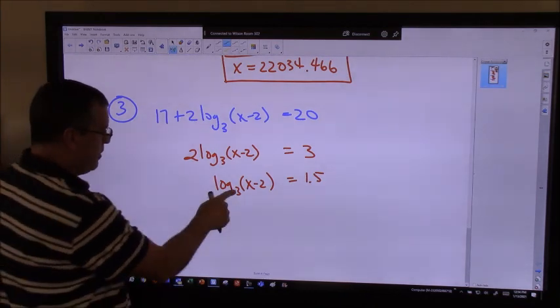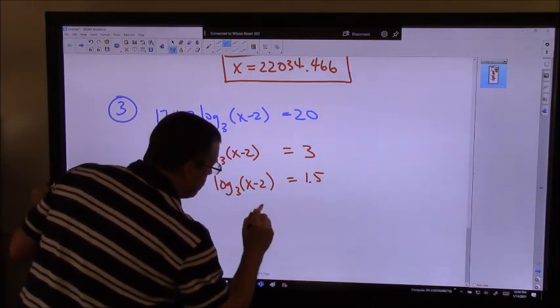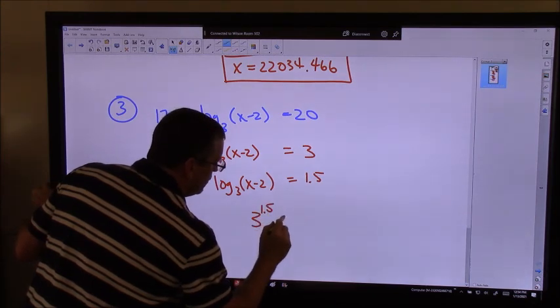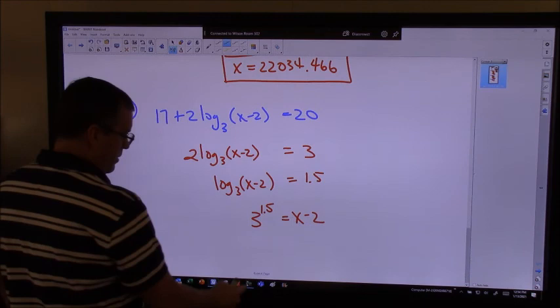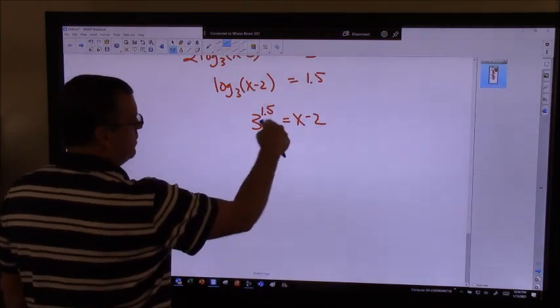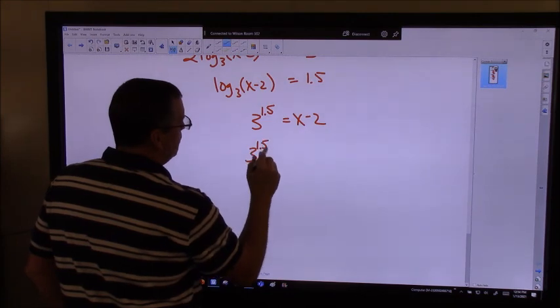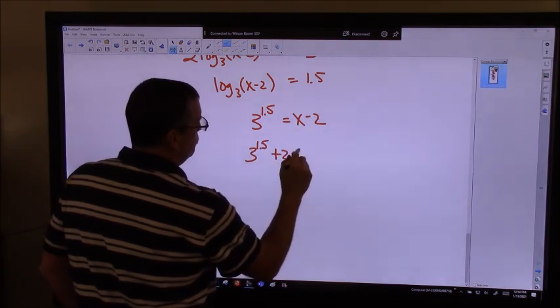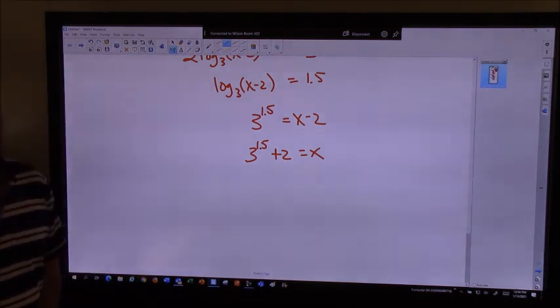All right, so now I'm going to say 3 raised to this power equals x minus 2. So 3 raised to the 1.5 equals x minus 2. And to get x by itself, I just have to move that 2 over and add it. So I get 3 raised to the 1.5 plus 2 equals x. There's my exact answer.